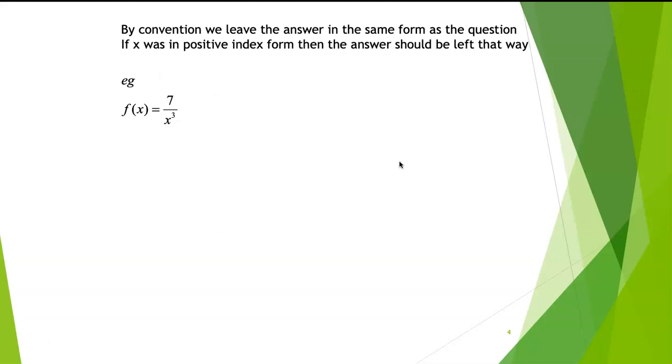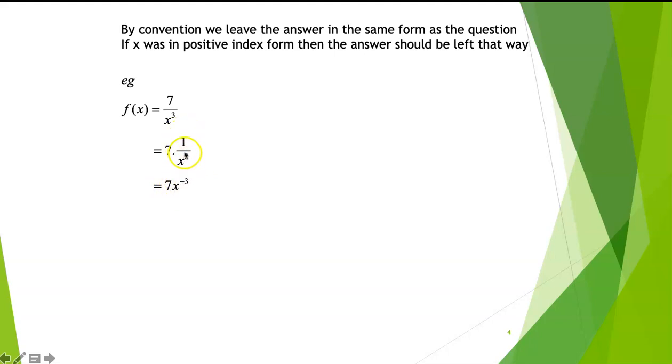Now, sometimes the polynomial term is in the denominator. Before you can differentiate anything, you will have to move the x terms into the numerator first, and then you treat it as a normal polynomial. So you have one more extra step. You notice here I've moved the denominator up into the numerator.